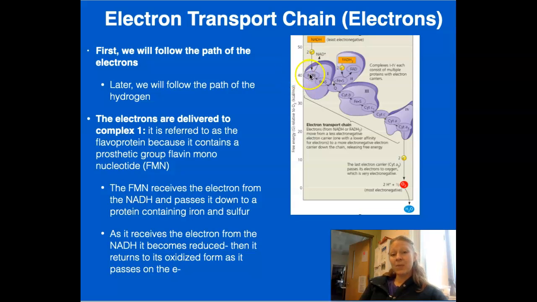It's going to gain an electron. And then it's going to go back and become oxidized because it's losing an electron as the electron passes into the second protein complex. This second protein complex is going to be reduced for a second, and then it's going to pass the electron on and it's going to be oxidized again. This third protein is going to be reduced for a second, and then it's going to become oxidized as it passes on the electron to the fourth, and so on.